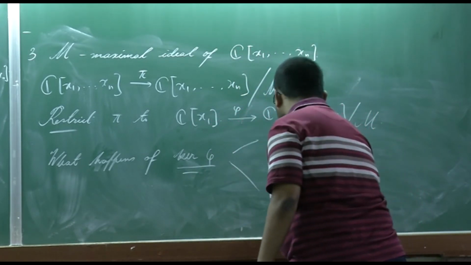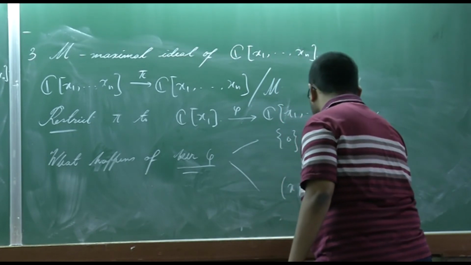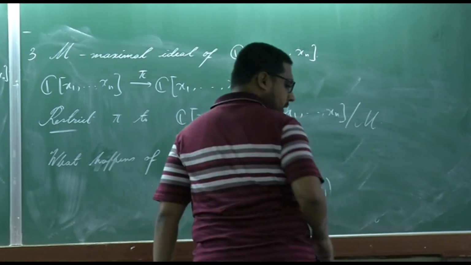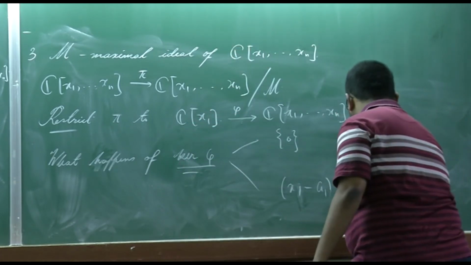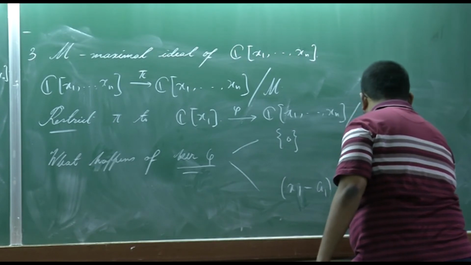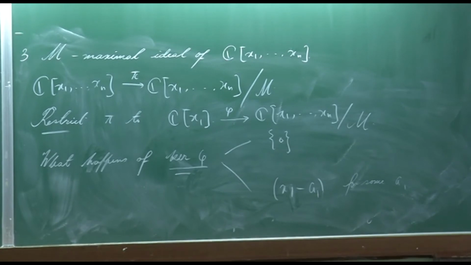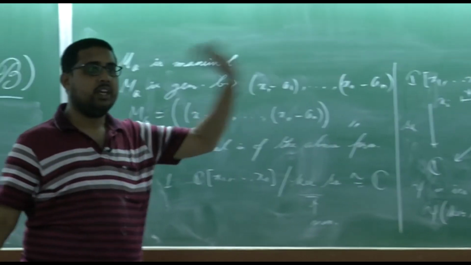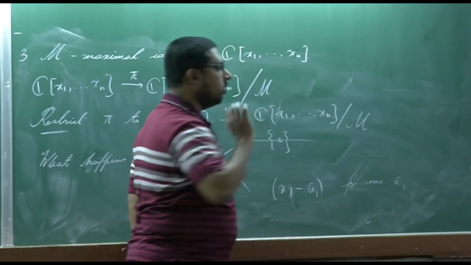That means it will be generated by some x1 minus a1 for some a1. Suppose that we can show that this possibility does not occur.